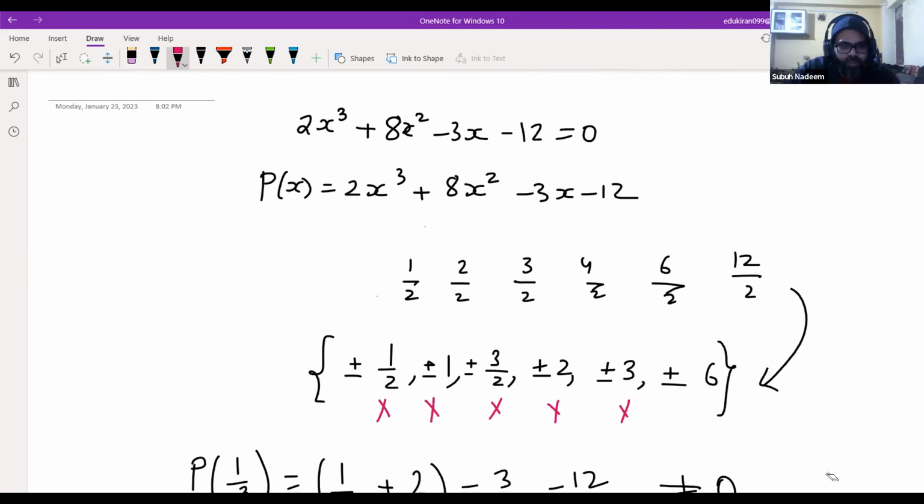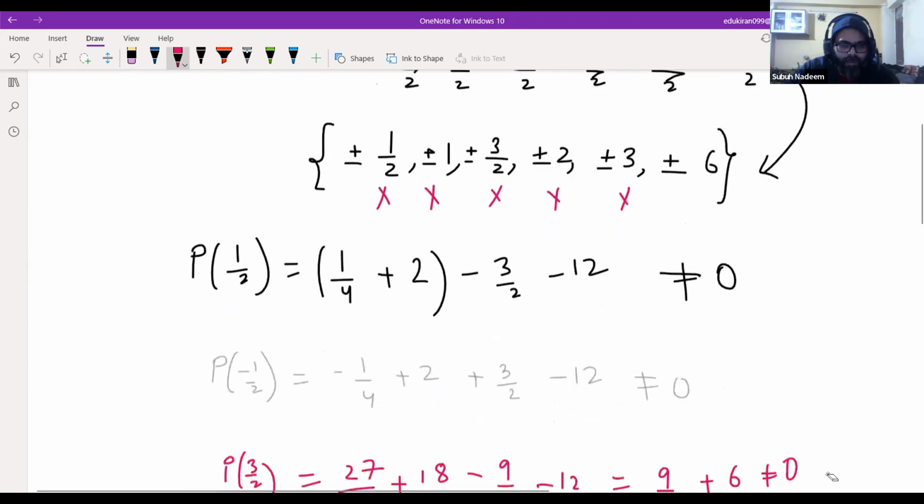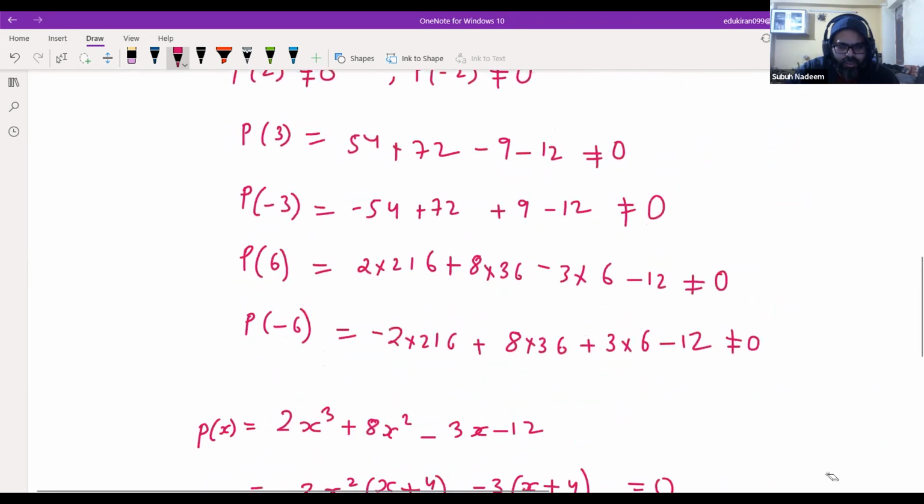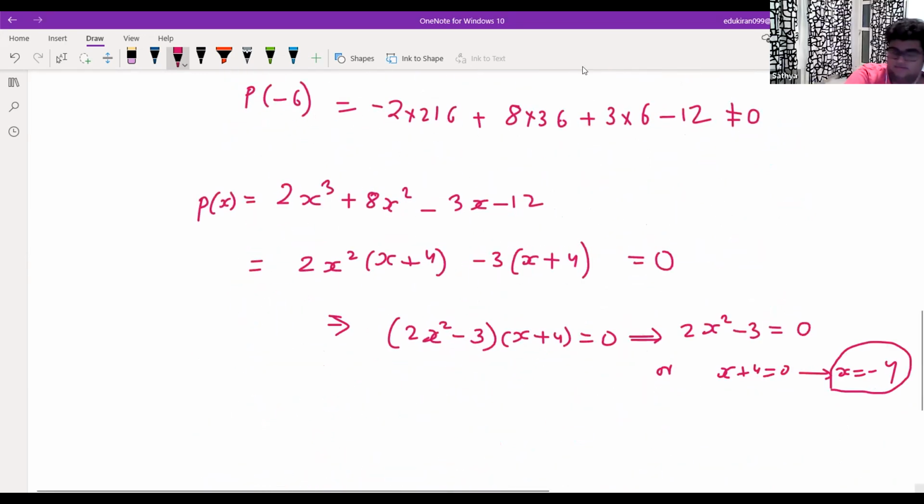Why is it so? 1, 2, 3, 4, 6, 12. These are its factors. Divide by 2. Can you see their solution? I think they were also taking it as common. But the rational root method was saying that the root should be among these. I don't think we use the rational method in this.